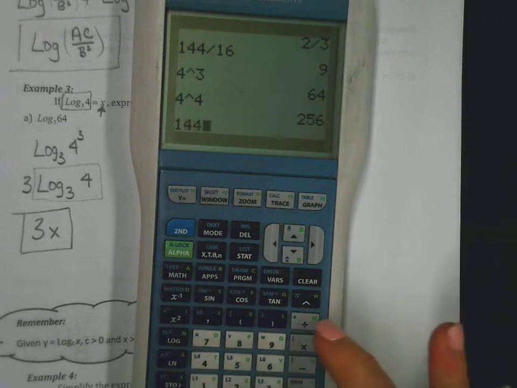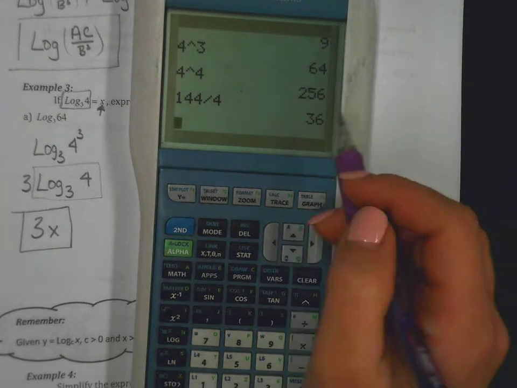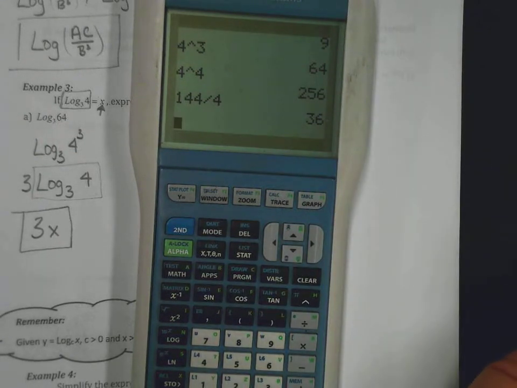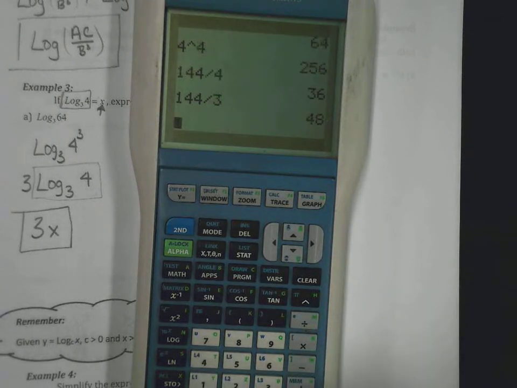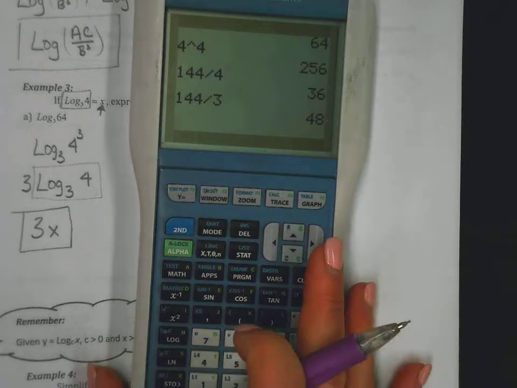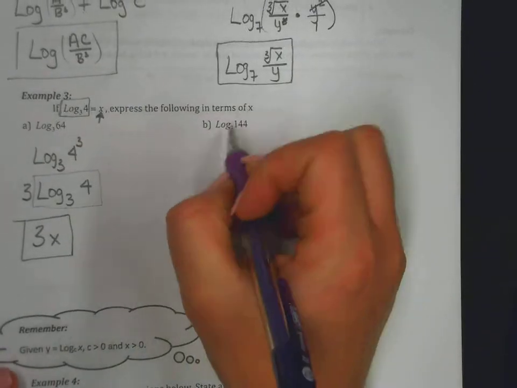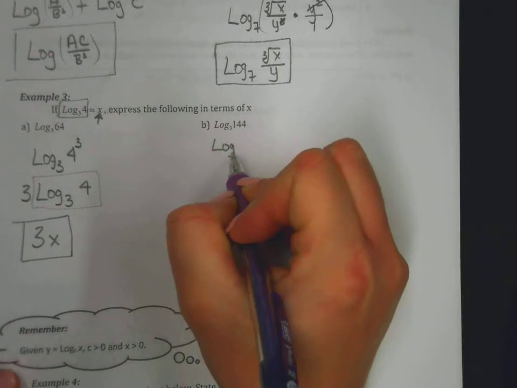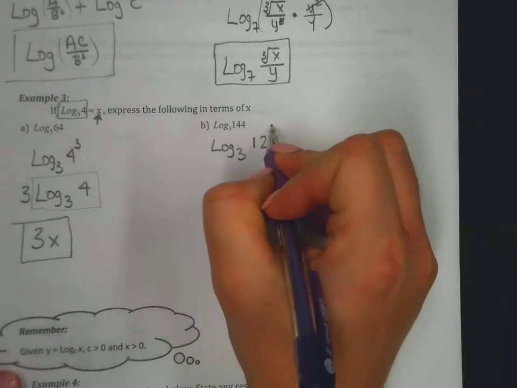So if I divided this by 4, I get a 36, right? So I'm trying to break down this expression. So the other way I can think of this is, well, technically 144 is equivalent to 12 squared.